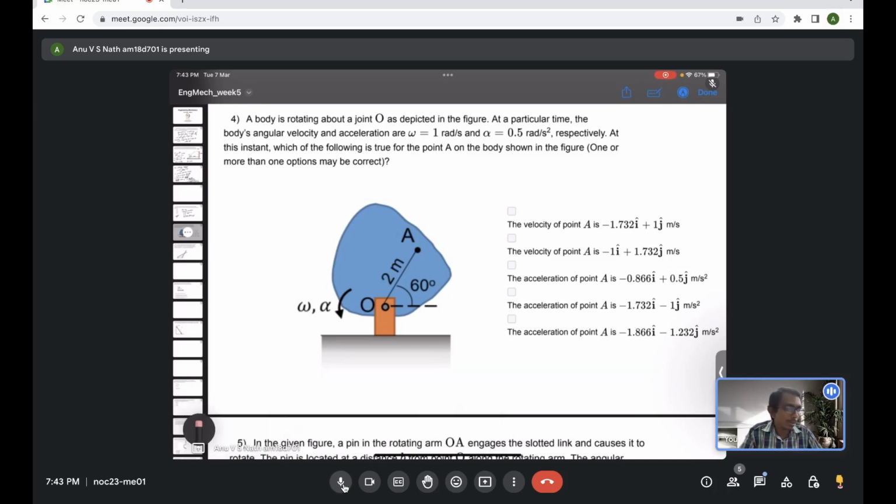So the velocity at the point A will be perpendicular to that line, the connection.